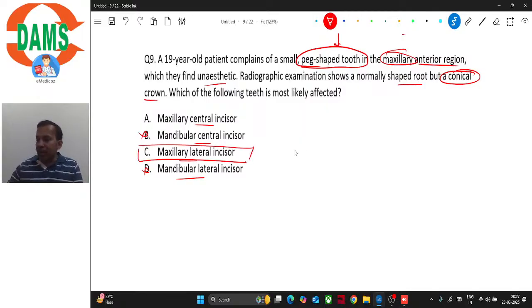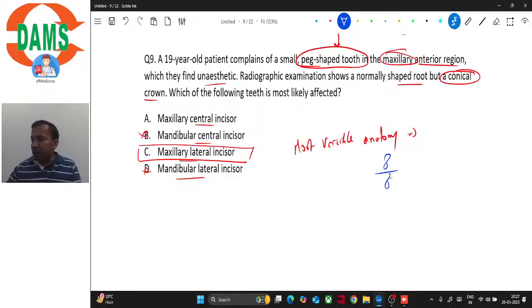So basically, the most variable anatomy of the tooth would be third molars followed by upper lateral. So the upper lateral also has a very variable crown morphology or crown anatomy. So option C is the correct answer. Is it clear?